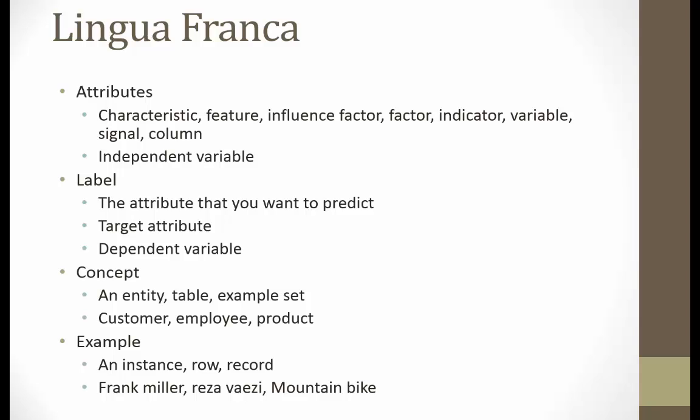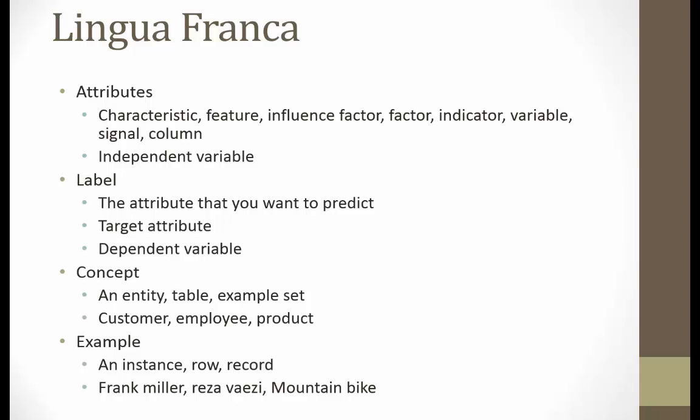The next one is called label. Label is a specific name that RapidMiner software uses for your target variable. Label variable or target variable is the variable that you want to predict in a predictive analysis. It's the attribute that you want to predict. It's also called target variable or target attribute or target factor.